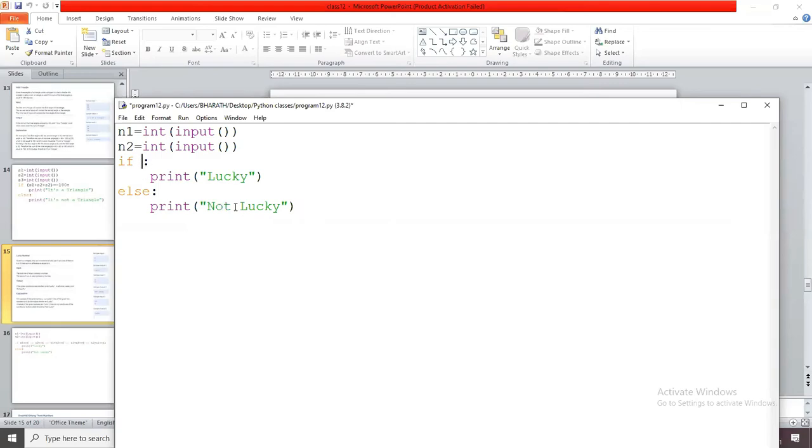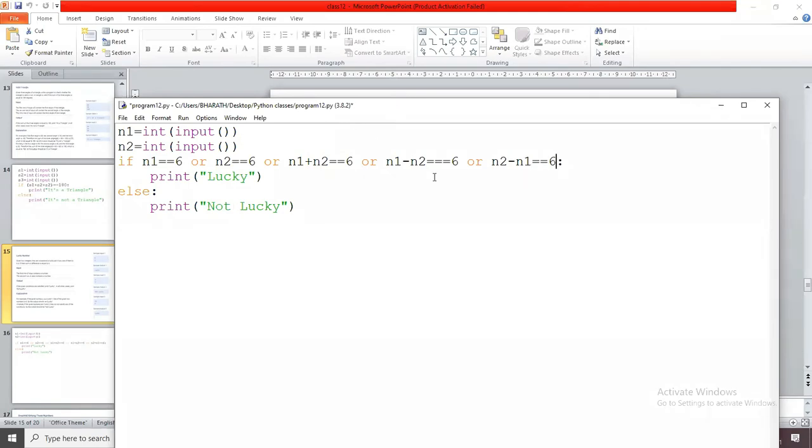Okay, so what is the condition here? The condition is n1 equals 6, or n2 equals 6, or n1 plus n2 equals 6, or n1 minus n2 equals 6, or n2 minus n1 equals 6.